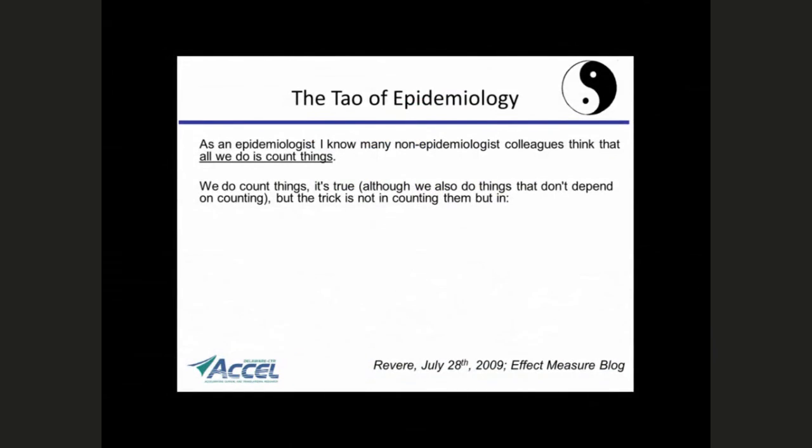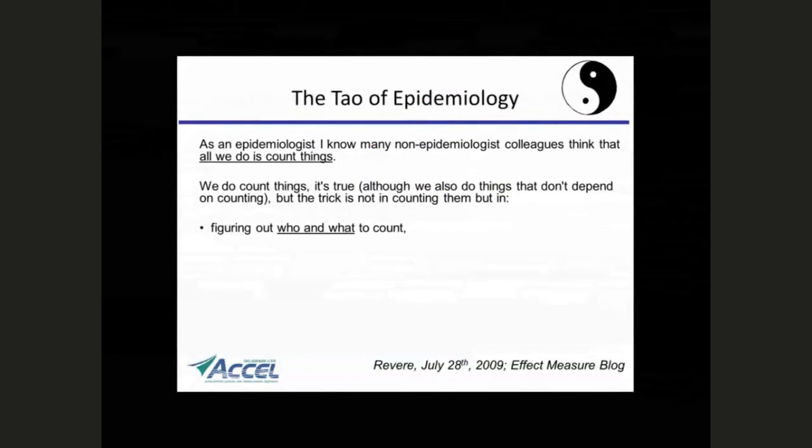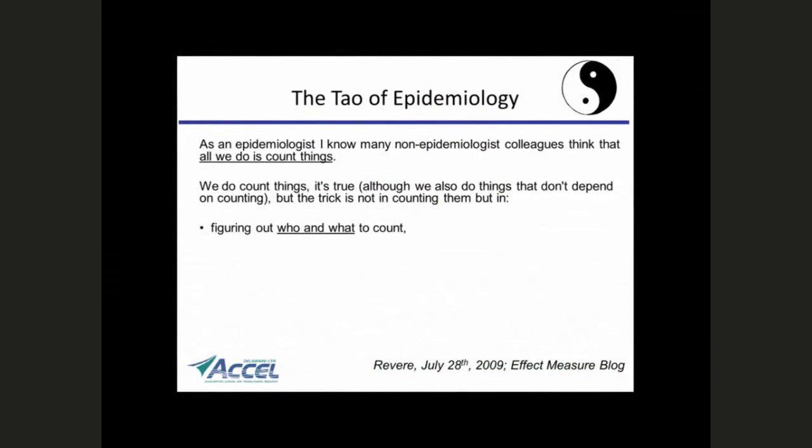But I don't just count things, right? Because the trick is not just counting them, right? The trick is that we need to figure out who and what to count. The devil's in the details, as they say, right?